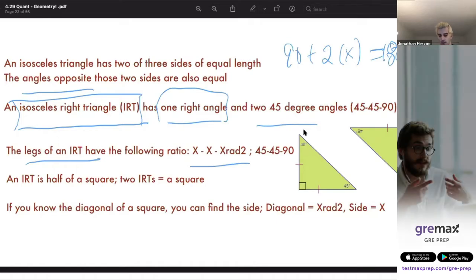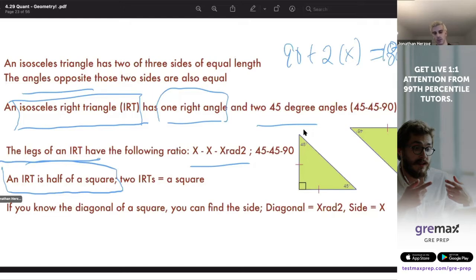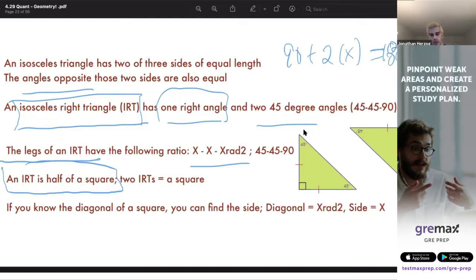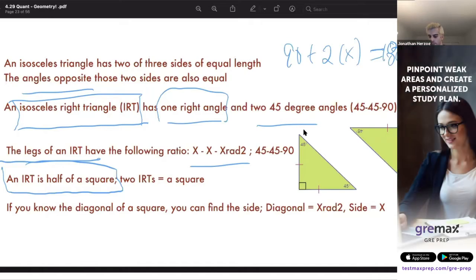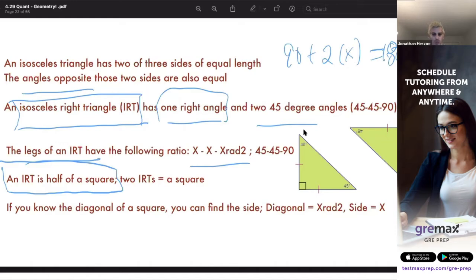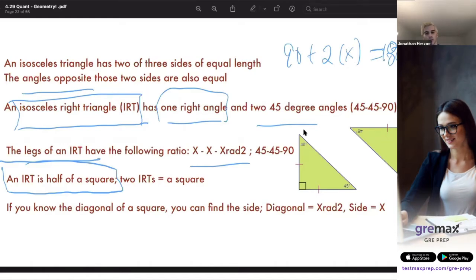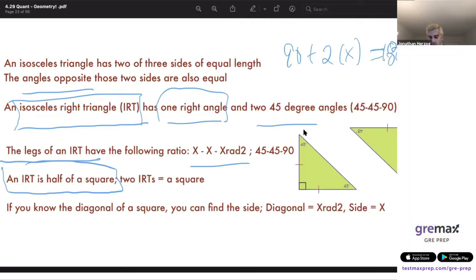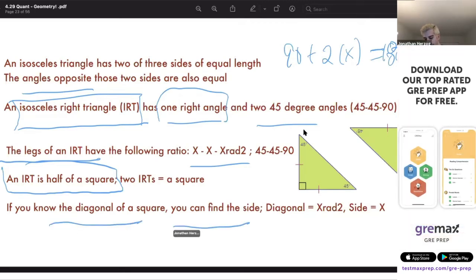A fun little fact is that an IRT is half of a square. We'll get to a square in just a moment. But when you put together 2 isosceles right triangles, you get a square where all 4 sides are equal and all 4 angles are 90 degrees. It turns out, again, the GRE loves this because it loves the wrapping paper. If you know the diagonal of the square, you can find the side.